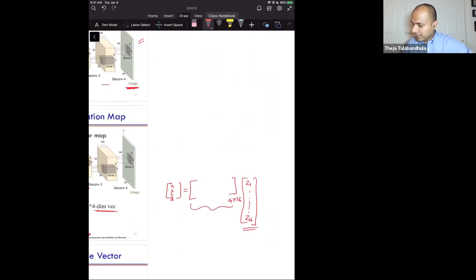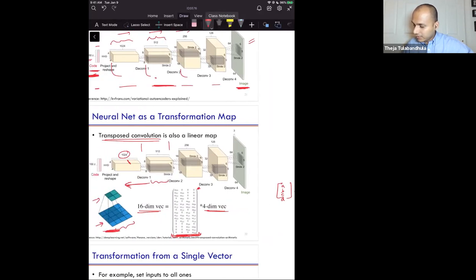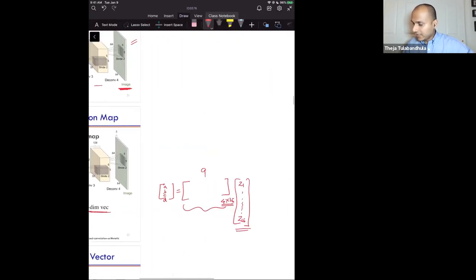But this weight matrix seems as if it has 4 times 16 dimensions, but that's not the case. If you look at the filter, the filter size is actually 9, a 3 cross 3 sliding filter. So there should be only 9 numbers, whereas it says there are 4 times 16 numbers. So you can imagine that the same 9 numbers appear in a repeating pattern to fill up your matrix.